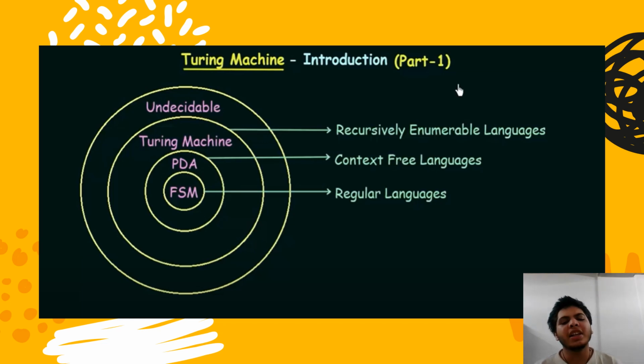We know there are limitations of finite state machines and push-down automata. Now, we will be looking at Turing machines, which are more powerful than finite state machines and push-down automata, and the class of languages accepted by Turing machines are recursively enumerable languages, which we will be discussing in detail as we proceed further in this lecture.